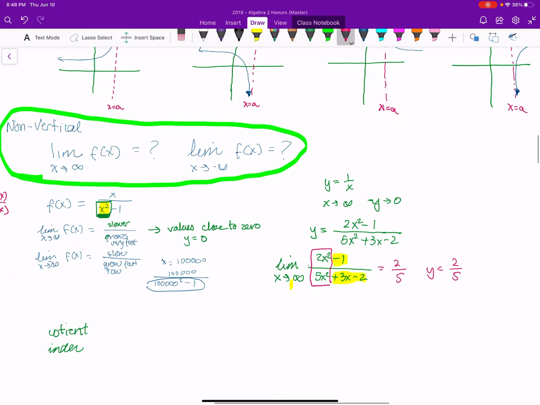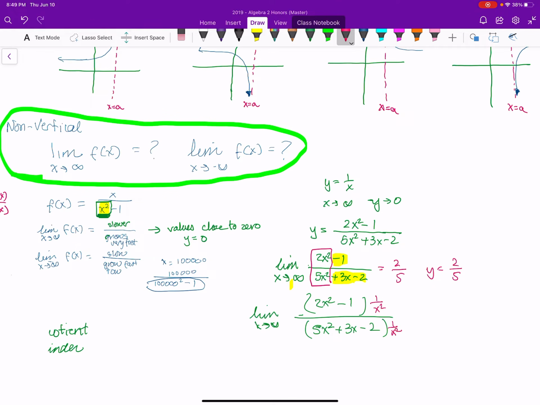If I was going to prove it to you algebraically, I can take the limit as x approaches infinity of (2x squared minus 1) over (5x squared plus 3x minus 2). But I can multiply both the numerator and the denominator by 1 over x squared.